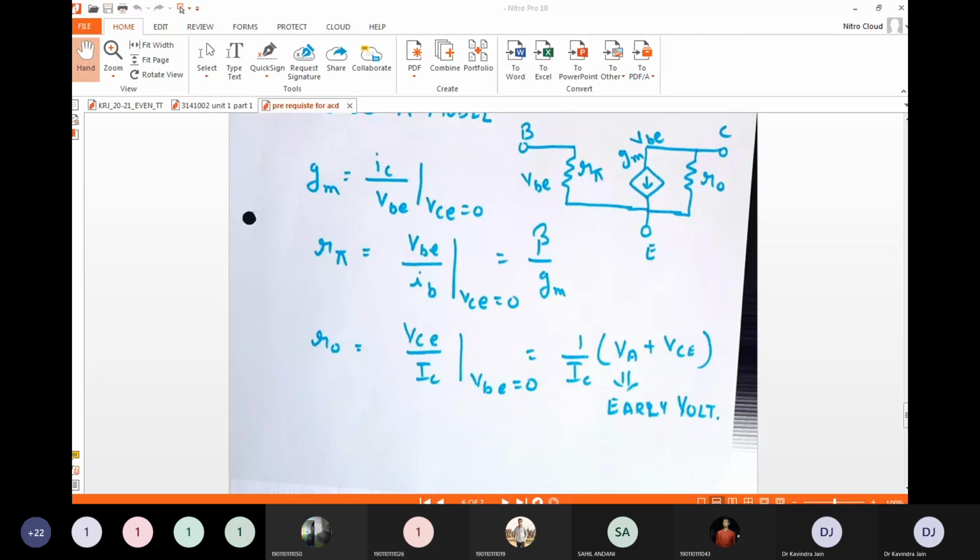Variation in effective width of base in transistor due to variation in applied VBC.